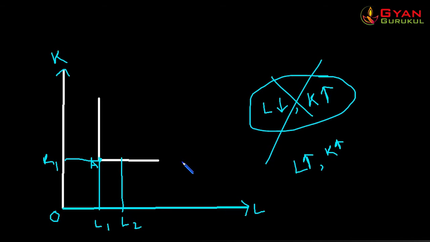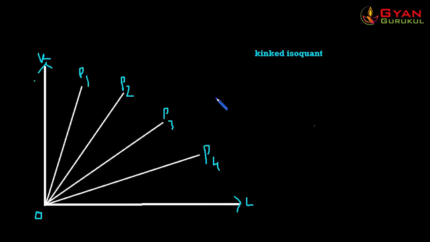That is why in case of complements, we find this kind of isoquant where the producer produces only at one point, and that point is point A. Now this is another new type of isoquant which is called a kinked isoquant, right?